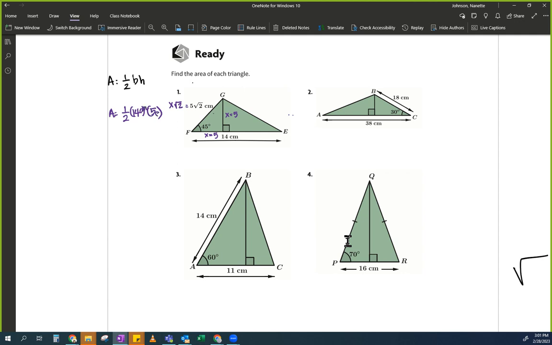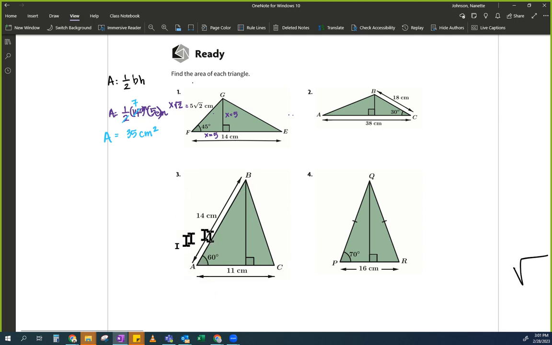And so I just have to calculate that. 14 divided by 2 is 7. 7 times 5 is 35 centimeters squared. Got it? Okay. So they made us use the 45, 45, 90 in there to get my height.